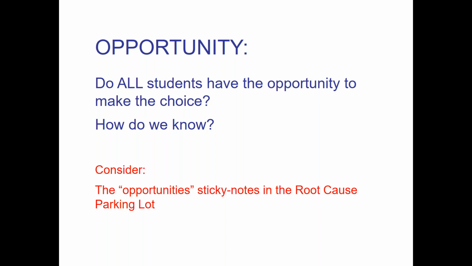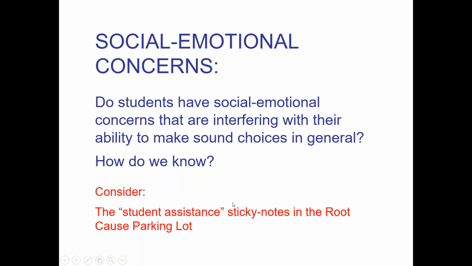And again, what we can consider here to help with this is the sticky notes in the root cause parking lot. And then the same thing with social emotional concerns. This slide prompts that, and we're looking at the sticky notes in the root cause parking lot.